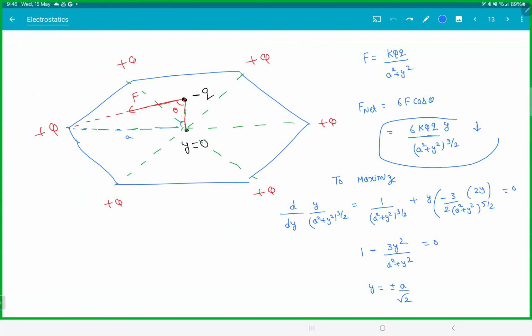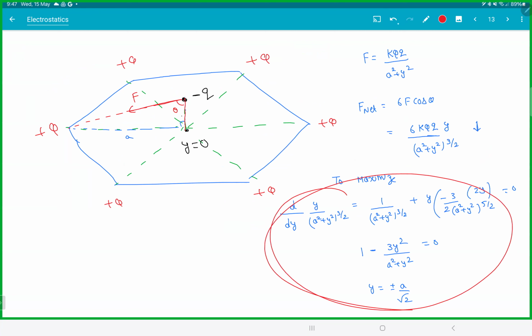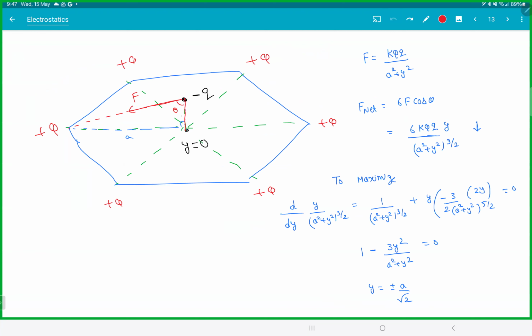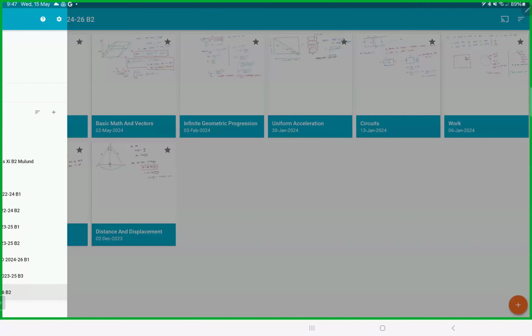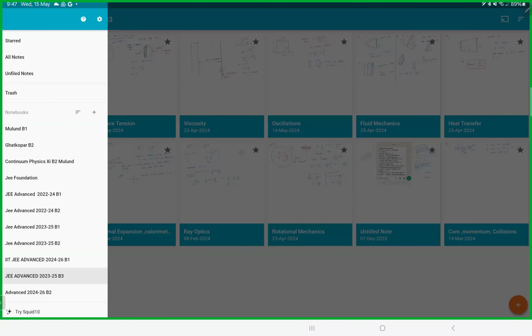Look at the function here, how we got this function: 6k y by (a square plus y square) to the power 3 by 2. All this is constants anyway. The question was to find the value of y for maximum force. So we have to differentiate and equate to 0. So maxima and minima will come like this in some part of the question. They will expect you to figure out this function and then solve. But for now, I'm giving you the function, so don't worry about that.